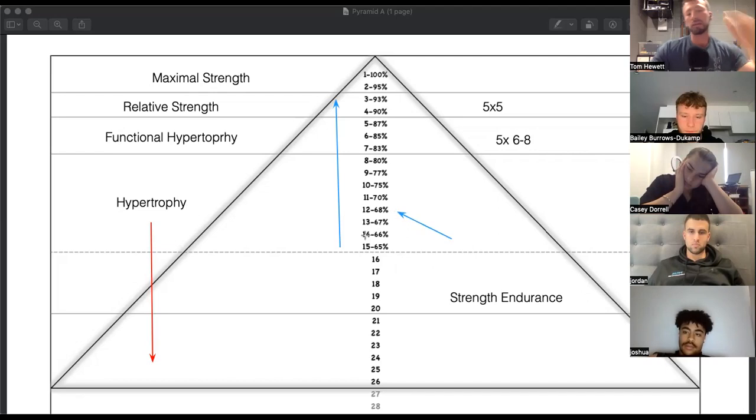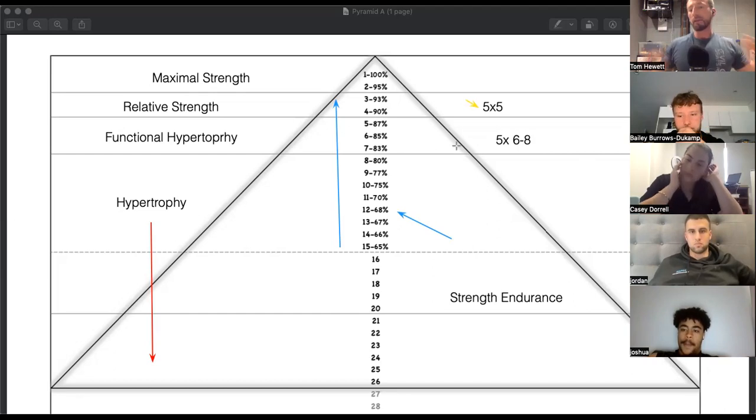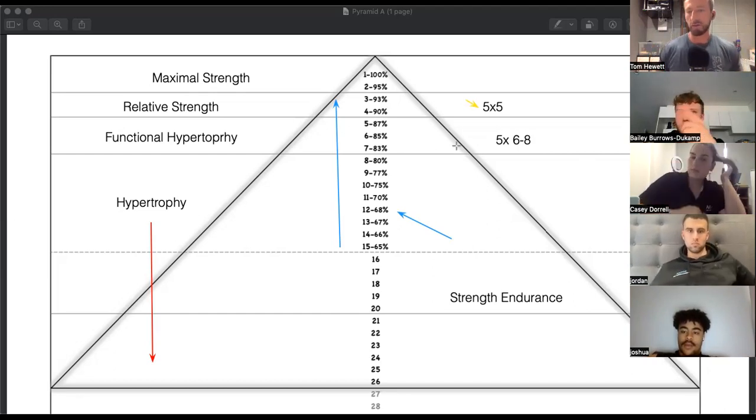And my goal is to develop their strength and periodize training programs over time and work them up the pyramid so they can start actually doing some work in the relative strength zone up here. The thing with strength training, in my opinion, is you haven't really tapped into all that you have until you've started to develop your relative strength.